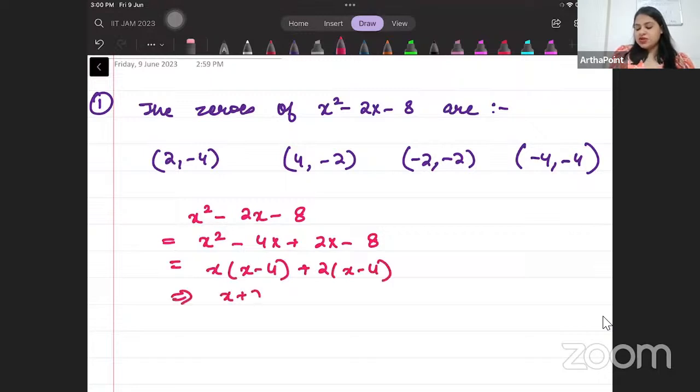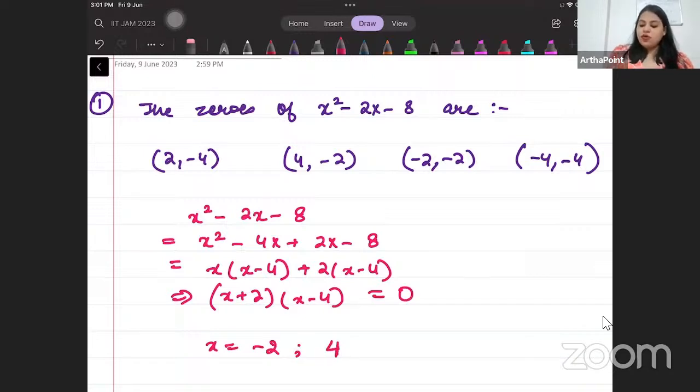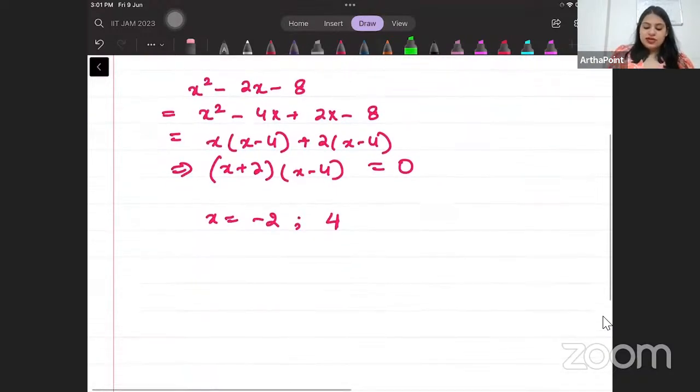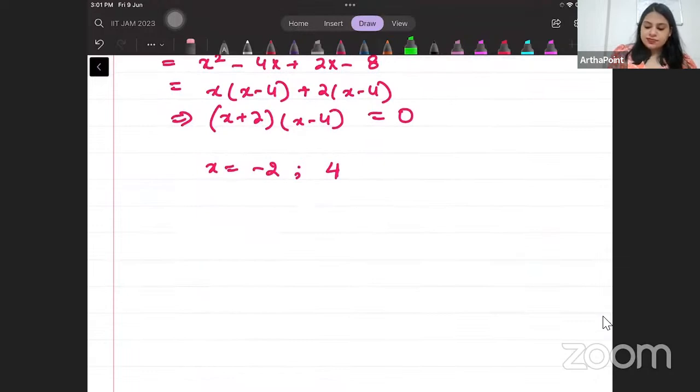This will be (x plus 2)(x minus 4). So when you equate this to 0, x will be minus 2 or 4. So the answer to this question will be x can be 4 or minus 2. These are the two zeros of this polynomial. That's the answer to this question. Answer is B. Okay, please take the next question, beta.